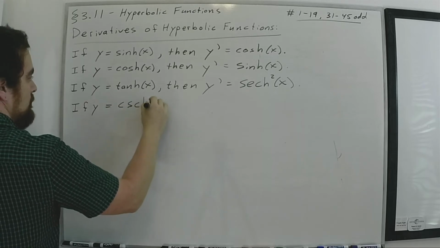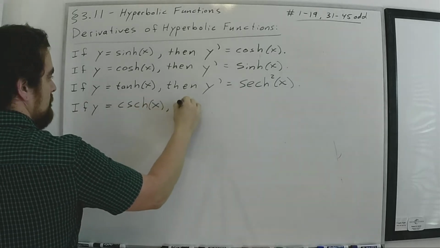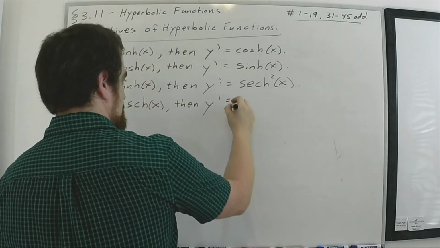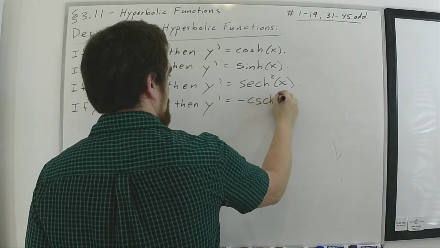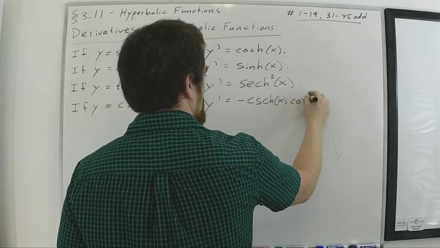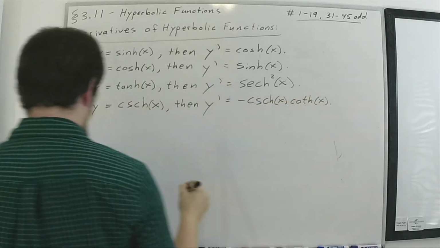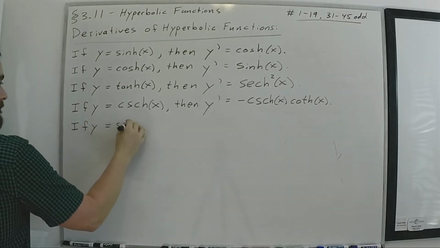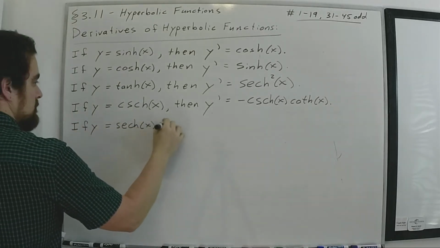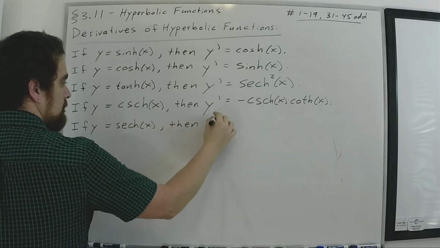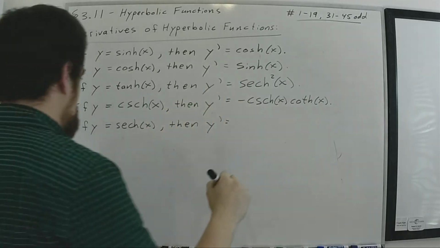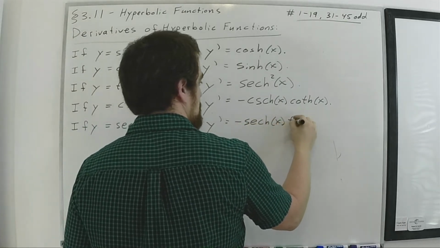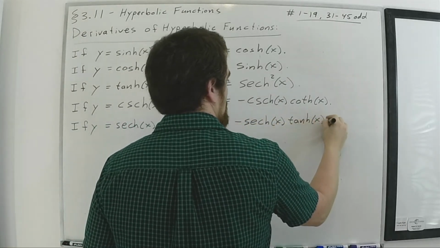If y is cosecant hyperbolic of x, then y prime is negative cosecant hyperbolic x, cotangent hyperbolic x. Up next is secant hyperbolic of x. Y prime is negative secant hyperbolic x, tangent hyperbolic x.